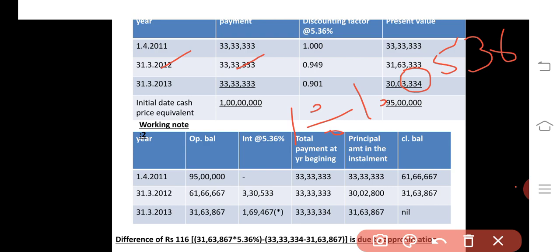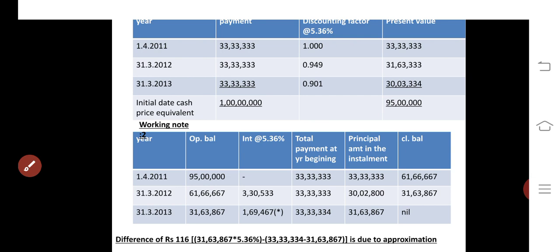So that is the actual present value of that particular property. I hope this one is clear, right?